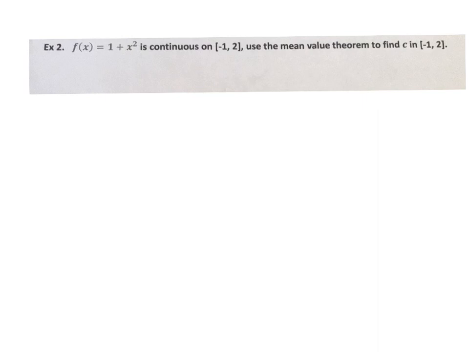In example number 2, we want to find a value c where f average, or the average value of the function f of c, equals 2. We got that from example 1 when we solved for f average, the integral from -1 to 2 of f of x dx divided by the base, which is 2 minus -1, and we got the answer for f average as 2.